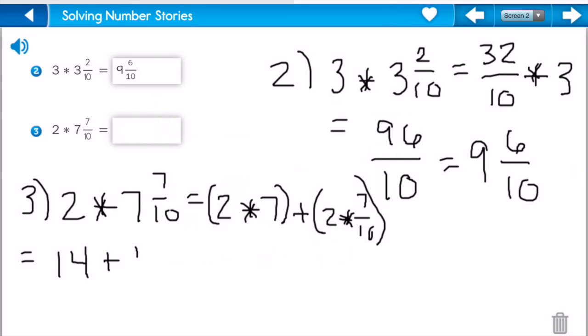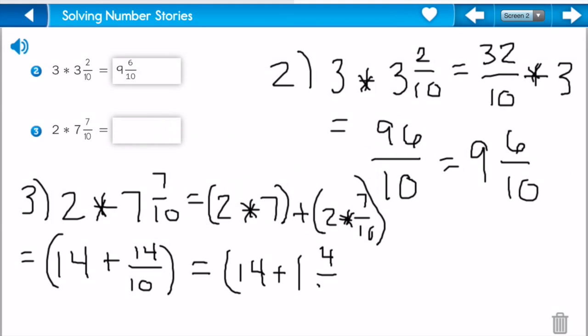It would be 14, and then we leave our denominator the same, so we need to add these together. So it would be 14 plus, what would 14 over 10 be if we simplified it? It would be 1 and 4/10.